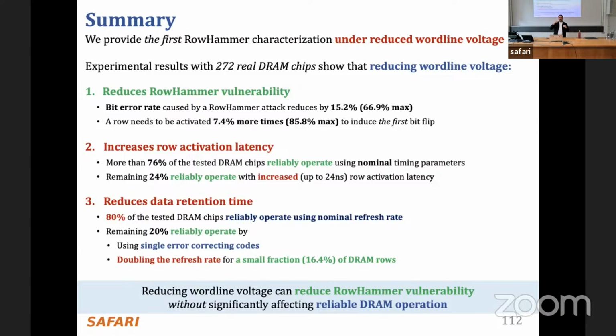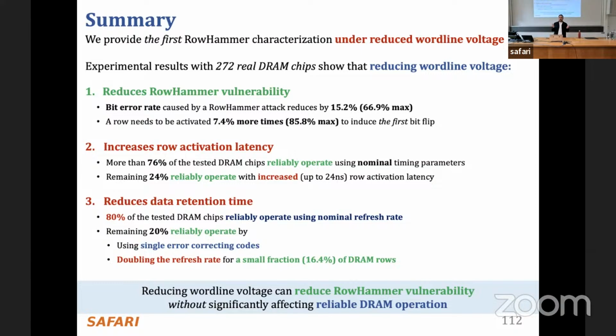And once you assert and deassert, the difference is 2.5, right? And if you scale down this power supply to, let's say, 1.7 volts, then you have a smaller voltage toggle on your word line. And this voltage toggle actually is the thing that triggers RowHammer bit flips.